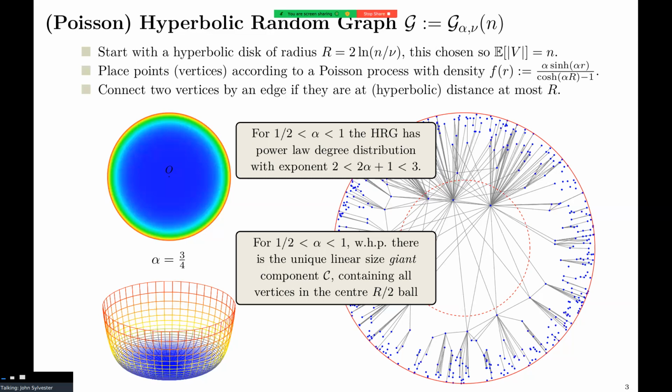One thing I should mention is that the dotted ball in the center is a ball of radius R/2. Any two points within this center ball are connected, so we call this the central clique. And with high probability, this unique giant component contains every vertex in the central clique.